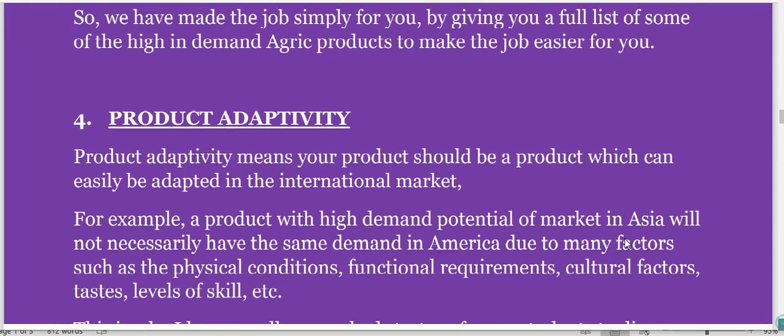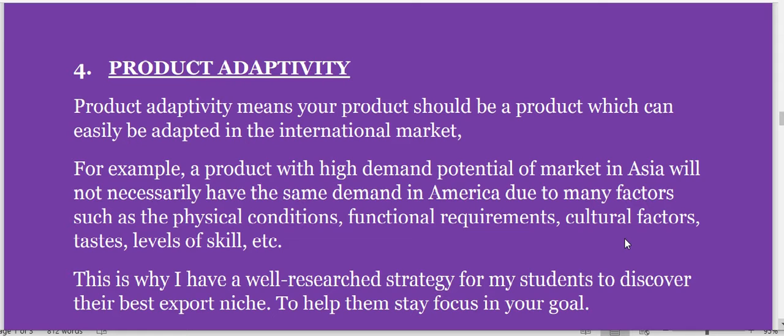All right, the next thing you need to look at when finding the right product for export is product adaptivity. Now when we say product adaptivity, what do we really mean? Product adaptivity means your product should be a product which can easily be adapted in the international market.